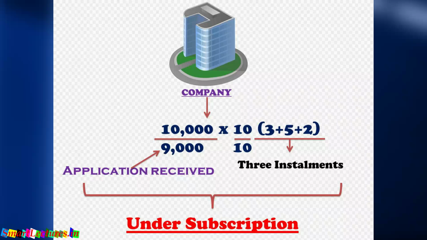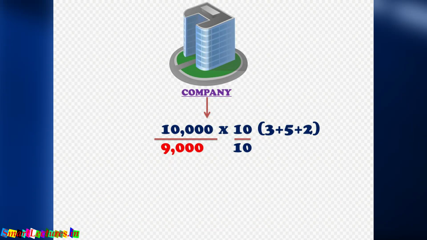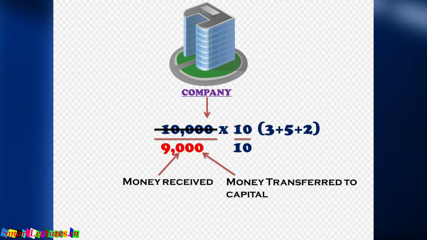In this situation, you have to start the question with 9,000 shares. Forget about 10,000 shares. The money will be received on 9,000 shares, and the money will be transferred to capital on 9,000 shares.